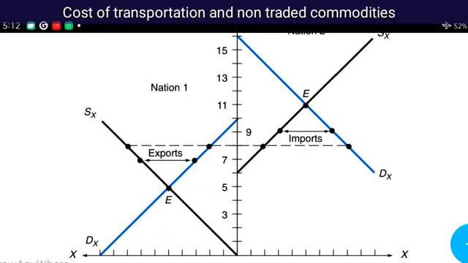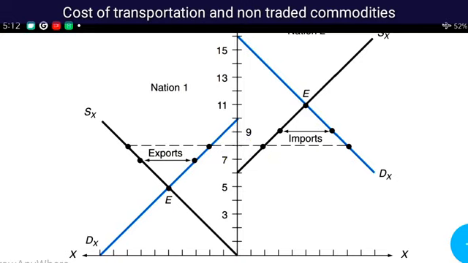In the second stage we are considering the trade without any transportation cost. Here the applicable price of the commodity is 8. This much quantity is being exported by nation 1 and the same quantity is being imported by nation 2.